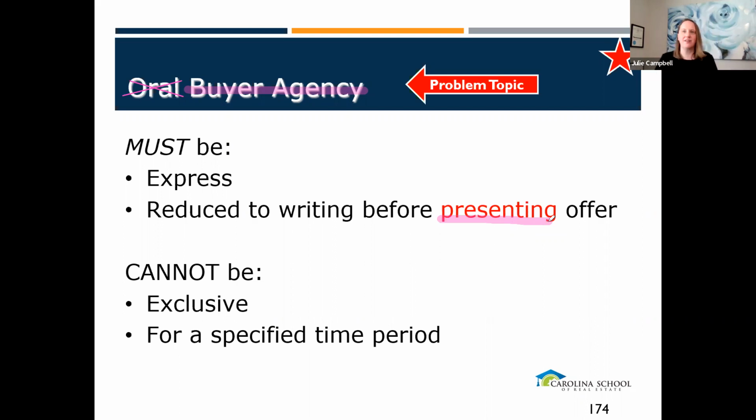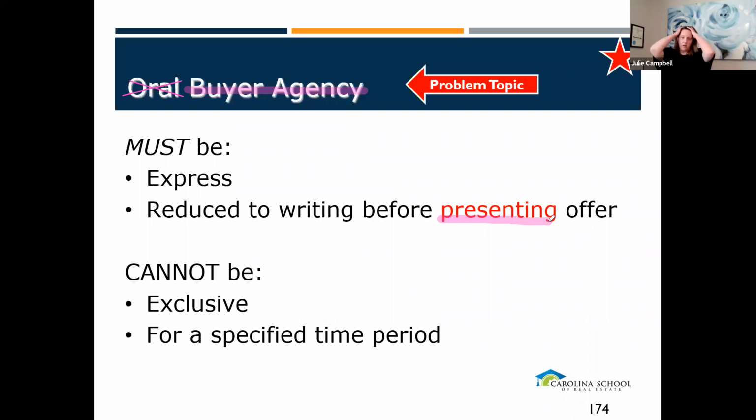If you want to get paid, they're going to say, you need to have it in writing. And that's why commission rule requires us to put our oral buyer agency agreement in writing before we present the offer on their behalf, so we can protect our commission, so we can have their end of the deal as well.